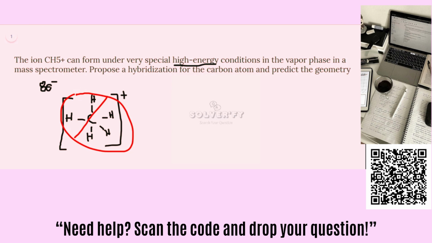So what the answer ends up being is a CH3 group, a regular CH3, that's forming a bond to a hydrogen gas molecule, so an H2. And this is one of those cases where bonds are traditionally between 2 atoms and 2 electrons.